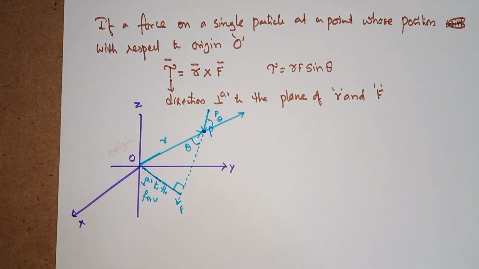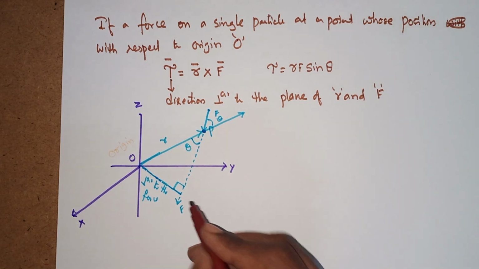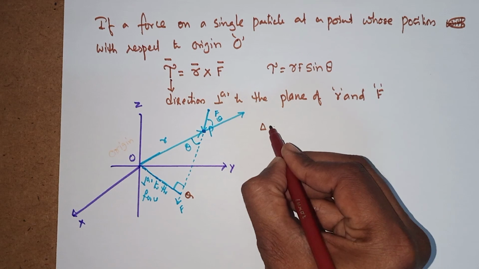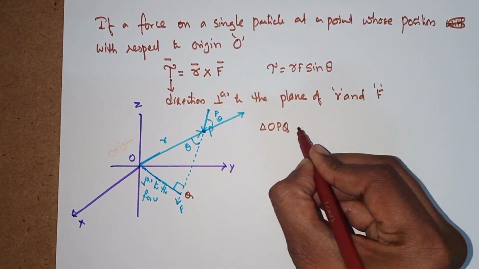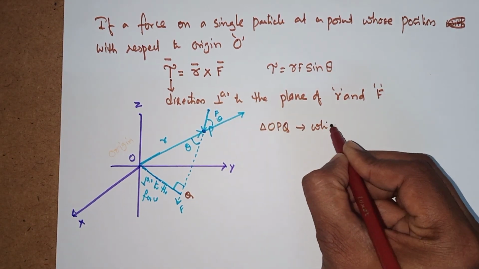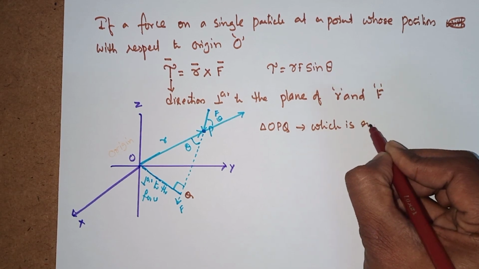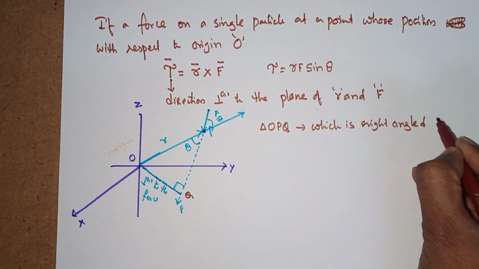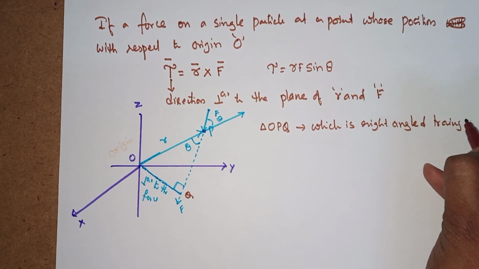We write it in terms of the distance. The perpendicular to the force, which is the distance, choose this as Q, triangle OPQ, which is a right angle triangle.